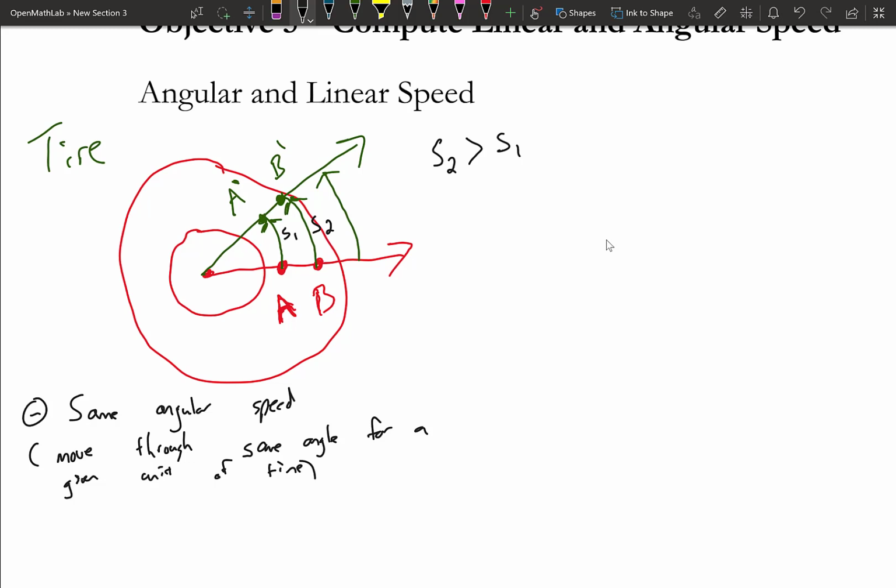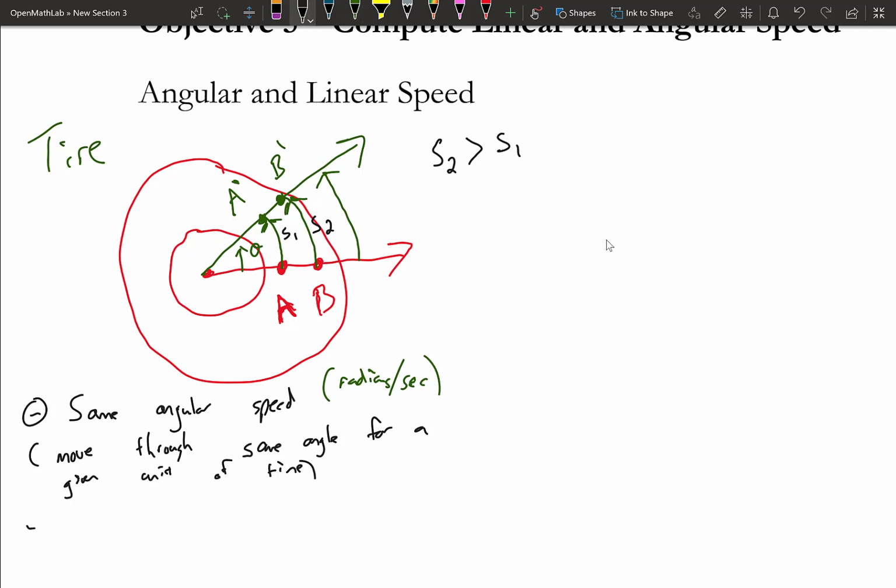So you can think of the angular speed maybe being in radians per second. The radian, if this is theta, would be the same for points A and B, going from A to A prime and B to B prime.